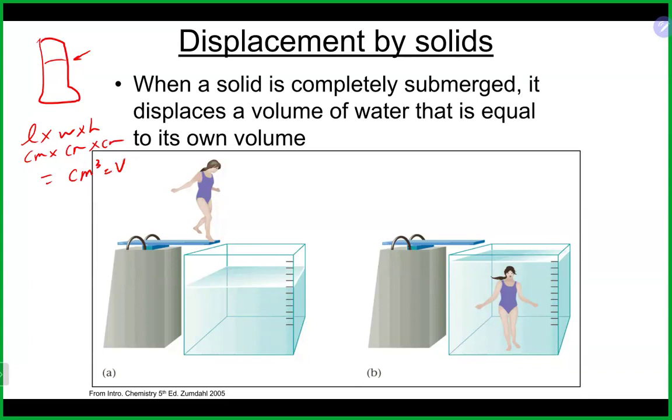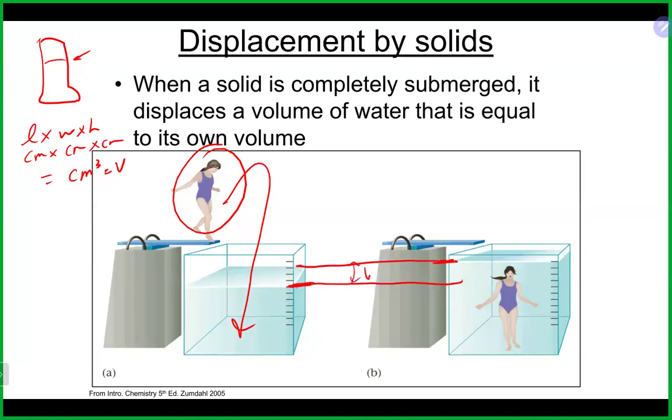The third very common way that you could get a volume is what is known as volume by displacement, which we'll also do in the lab today. If you have a certain amount of, say, water or liquid in a container, and you put a solid object into it, that solid object will displace a volume equal to its own volume, which means you'll see the water level rise. If you take the difference in the volume between where it started and where it ended, it will give you the volume of the object.